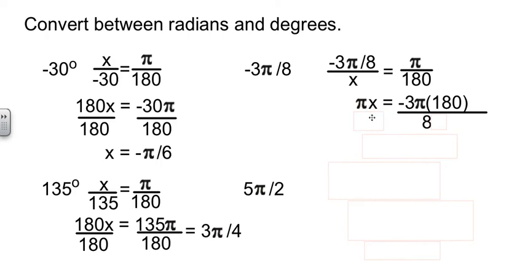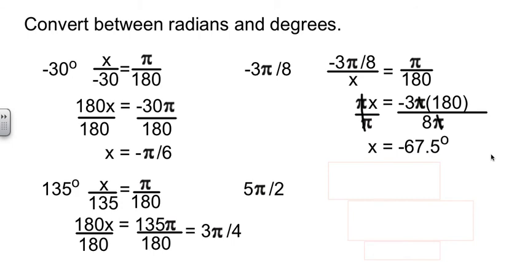And I want to get x by itself, so I'm going to go ahead and divide both sides by pi. So that puts a pi in this denominator. Now look what happens. The pi's cancel. So I'm left with negative 3 times 180 divided by 8. And my calculator gives me a clean answer, negative 67.5 degrees.